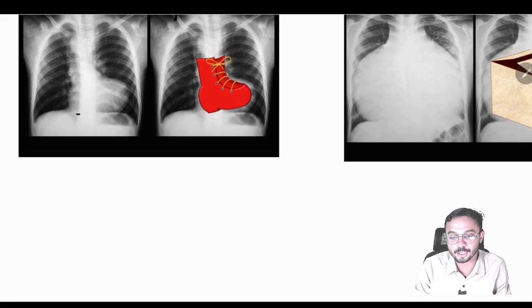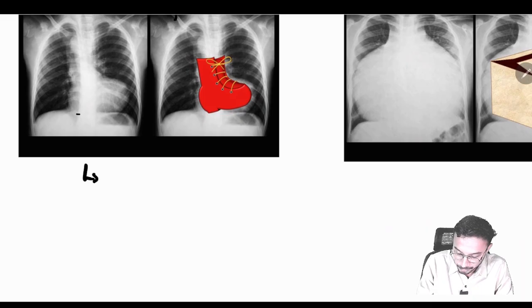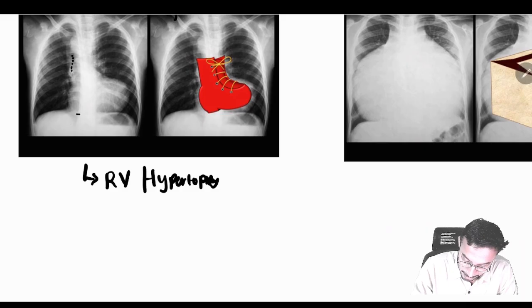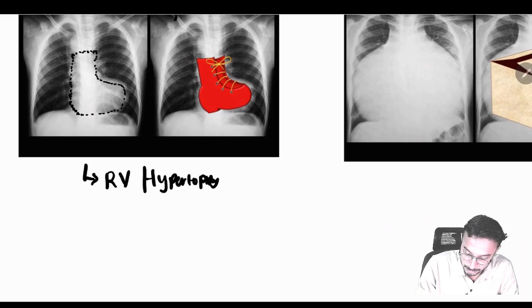Remember, in TOF what will happen? The right ventricle gets hypertrophy. Whenever the right ventricle gets hypertrophy, the left ventricle's apex also gets occupied by the right ventricle.